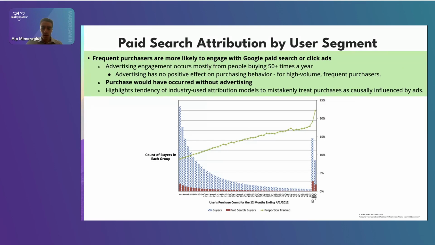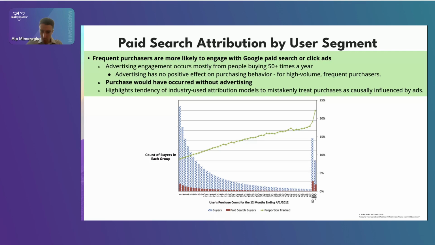So this graph here says the people that are most likely to engage in advertising are your high volume, high frequency buyers. So high volume, high frequency is most likely to engage.